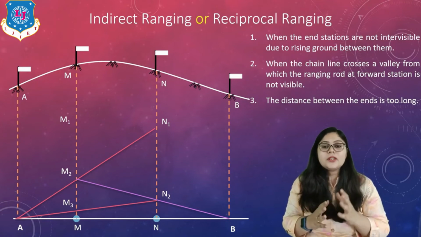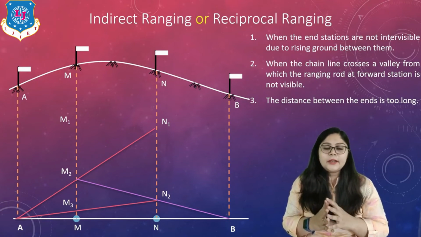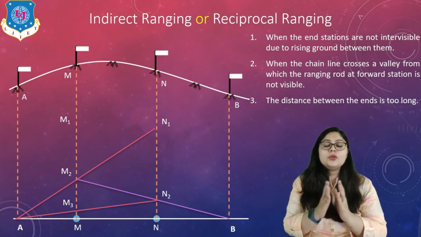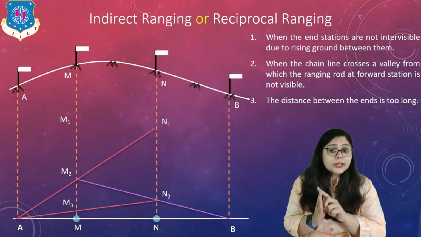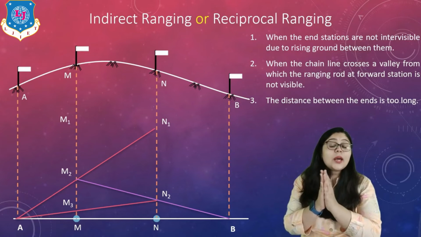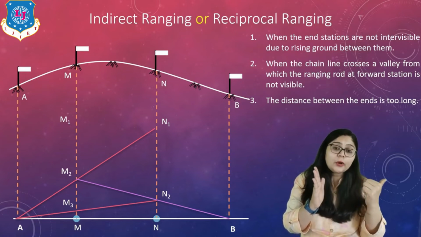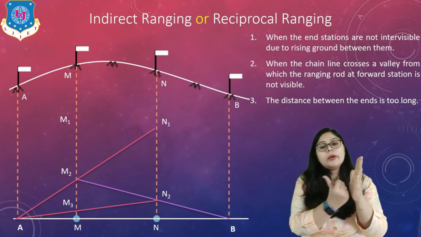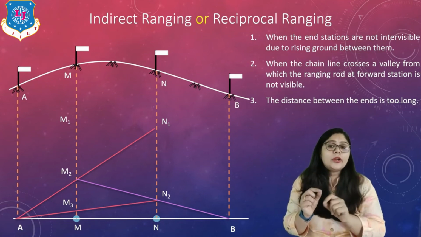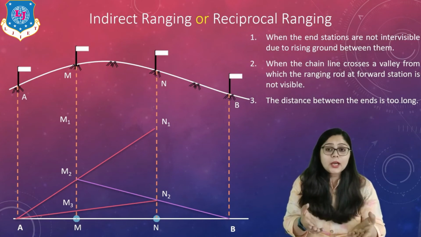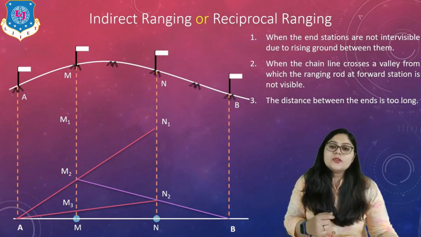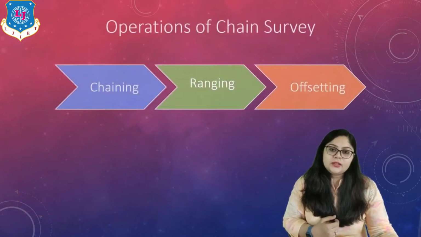It is possible that the first time you will find it very complicated, but once you draw it by yourself, keeping in mind that M and N should be such that you can connect all the points, and whenever you look from M, you are going to see the far point B, and from N you are going to see point A. In this process, you get intermediate points on M and N, which you have taken for indirect ranging. That is why it is known as indirect ranging. So this is all about indirect ranging.